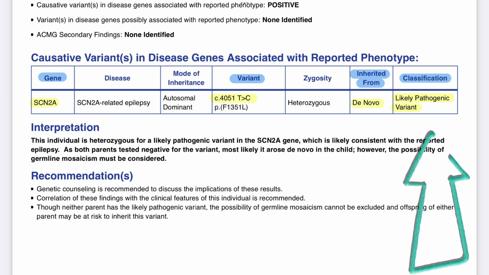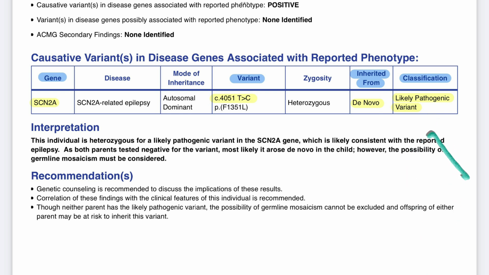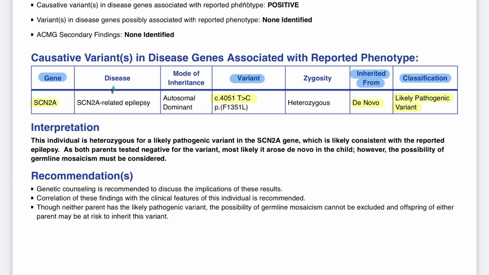The classification is important because a variant that is classified as likely pathogenic or pathogenic means that it would likely cause disease. The interpretation below the graph just explains that they believe that this variant is consistent with the reported phenotype or presentation that the provider listed, meaning that they think that this is causing the presentation.